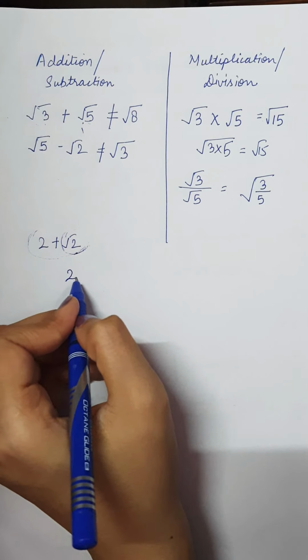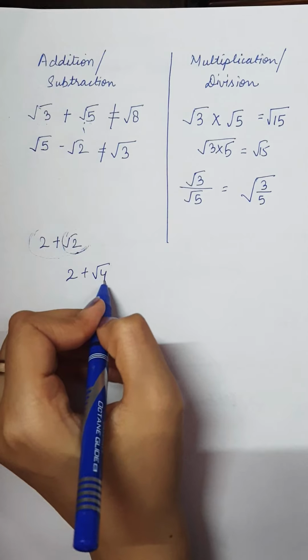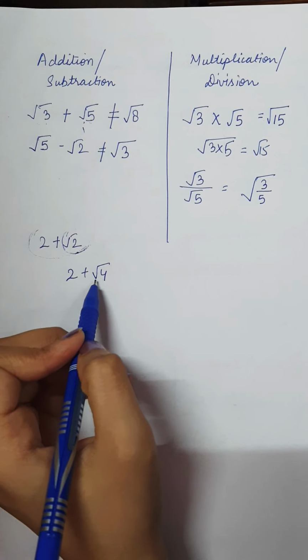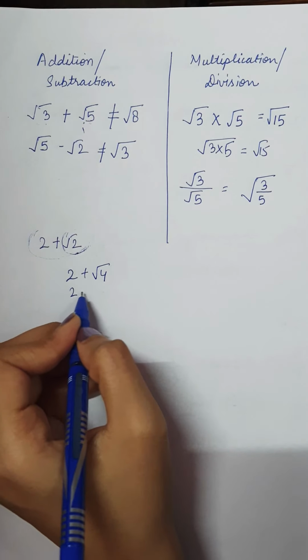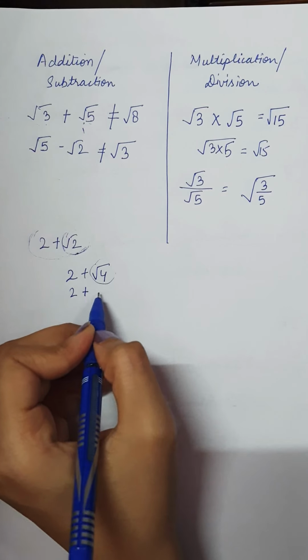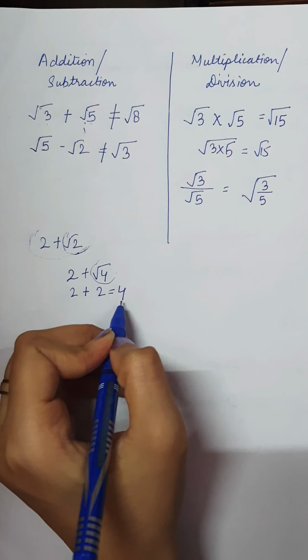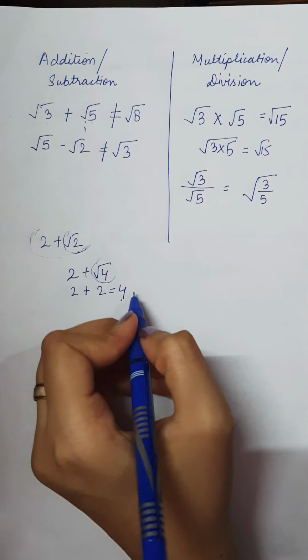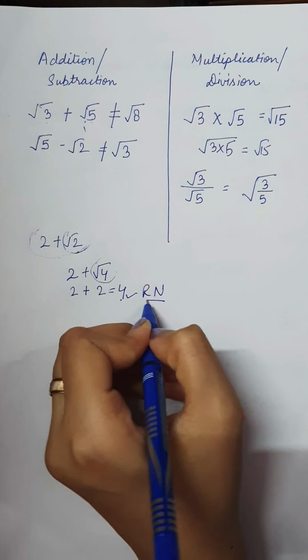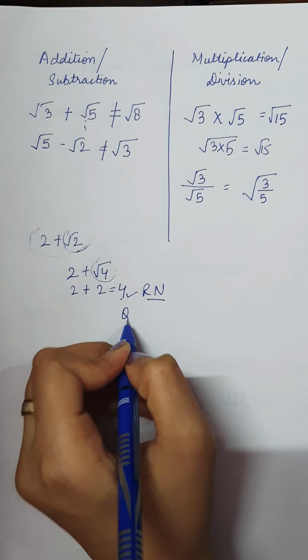If the number is 2 plus under root 4, is it irrational? No, it is not, because ultimately this is 2 plus 2, which is 4, and the answer is 4, which is a rational number, or I can directly write the symbol Q.